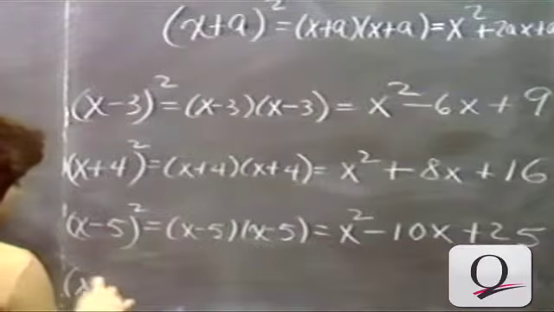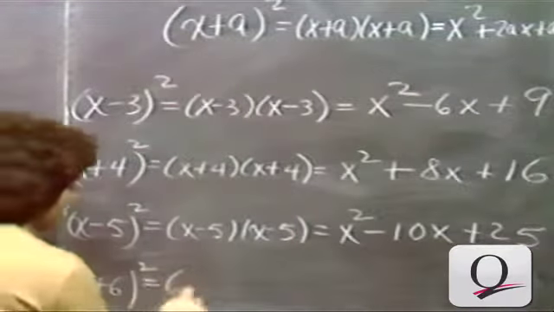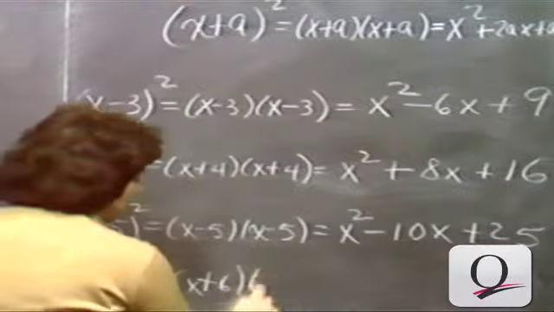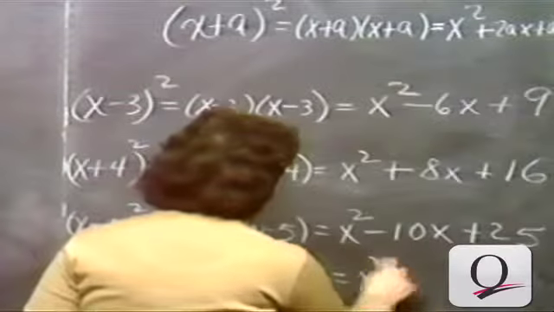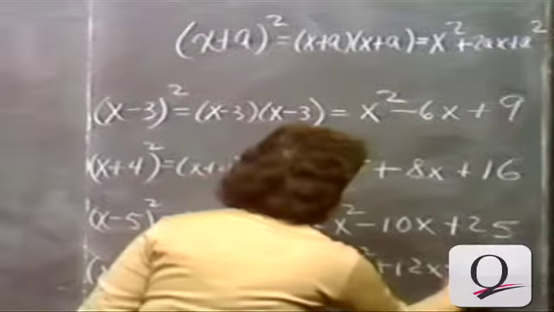Say (x plus 6) squared, (x plus 6) times (x plus 6), or x squared plus 12x plus 36.